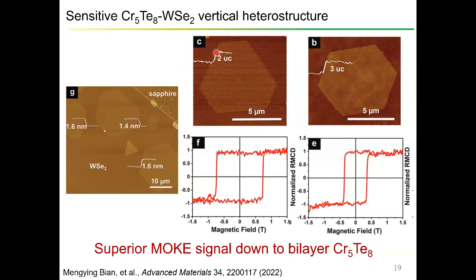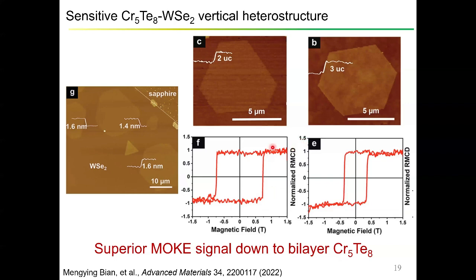Okay, and we found that in our GIS system, even down to bilayer chromium telluride, it shows a very superior MOKE signal. That means it still maintains the ferromagnetic coupling down to the bilayer level. So you can see a very sharp change. That means the magnetic property is maintained quite well in the GIS system.